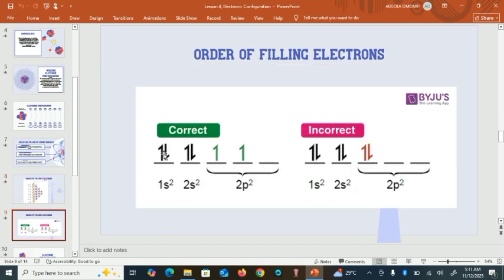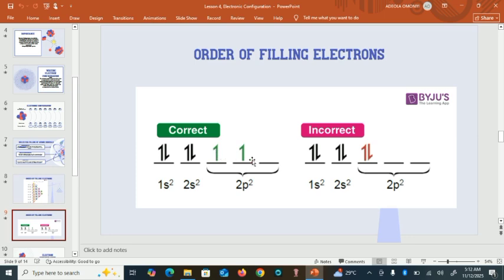According to those principles, this is the correct way of filling the electrons for this element. You fill facing opposite directions for the s orbital first, that's 1s, then the 2s orbital level. Then for p, which has 3 different orbitals, each will contain 2, but you can't put the 2 here.